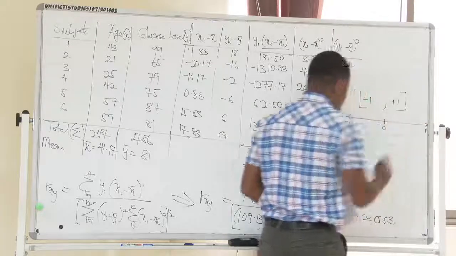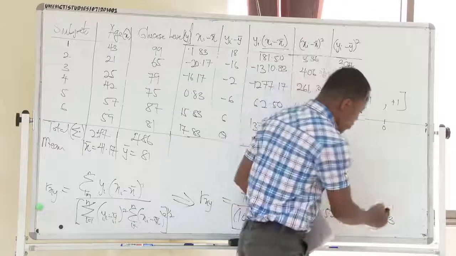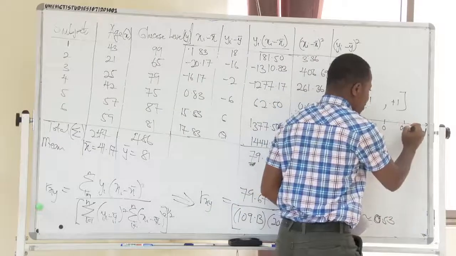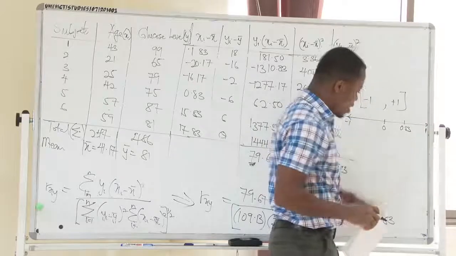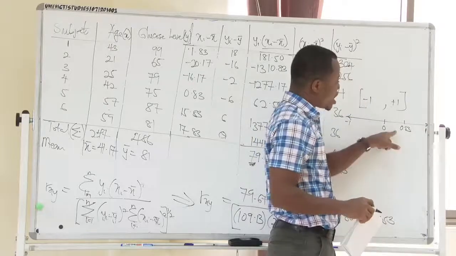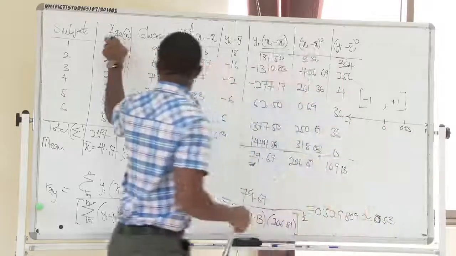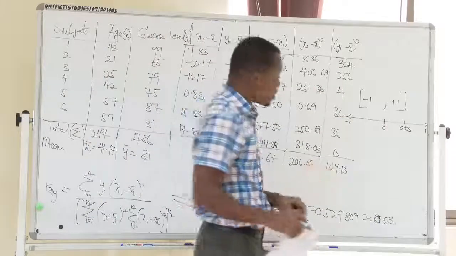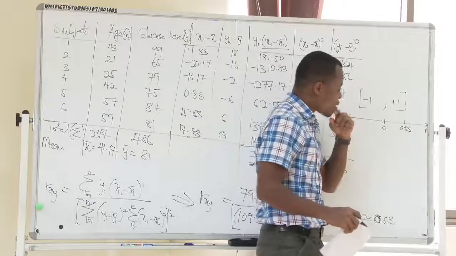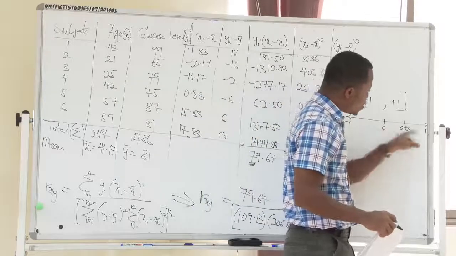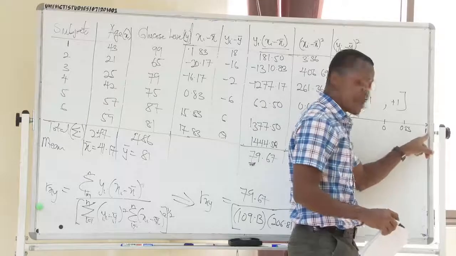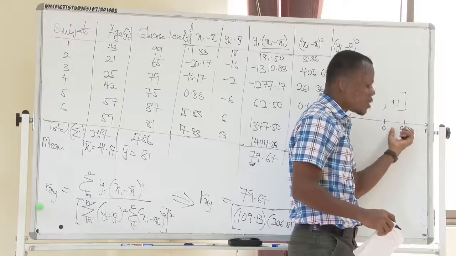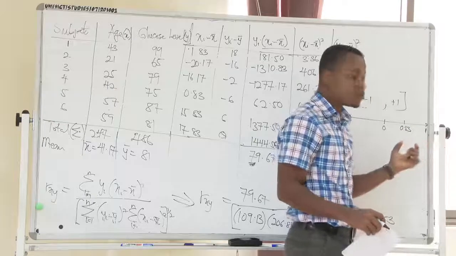In between we have 0, and the correlation coefficient we have here is somewhere around 0.53. Now remember, this is in the positive region, meaning that the glucose level and the age of the patient are positively related. But now let's look at their strength. This is somewhere in between 0 and positive 1, so we can say that there's a moderate relationship between these two.